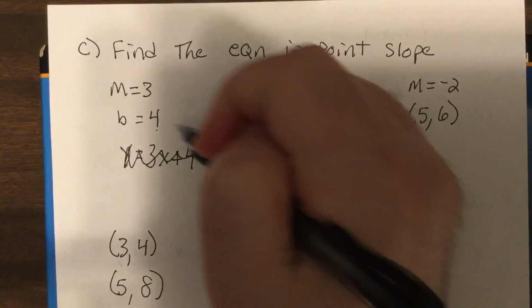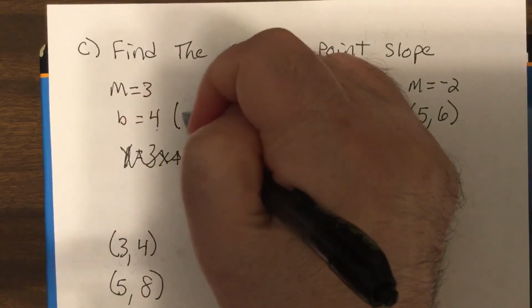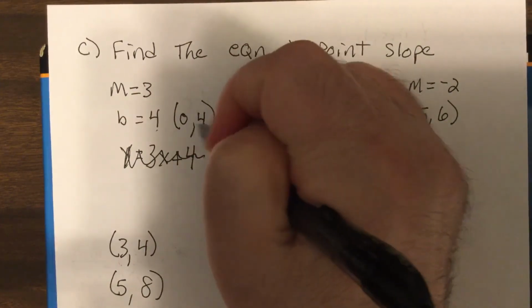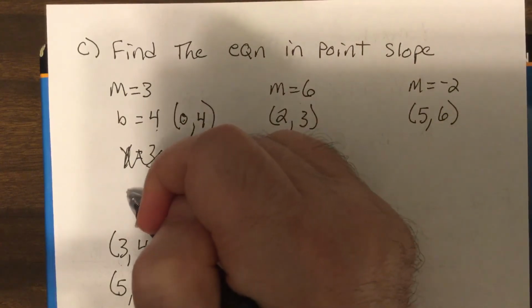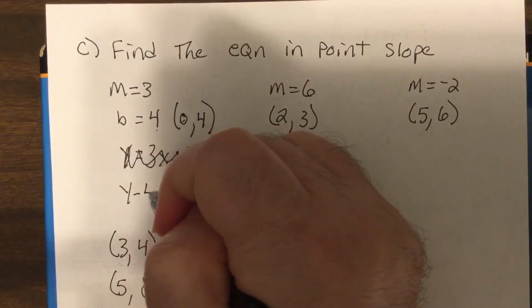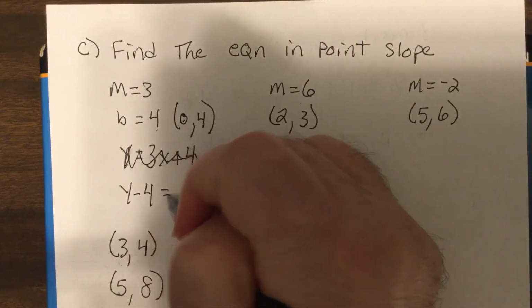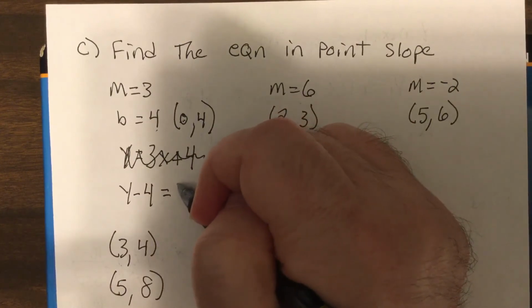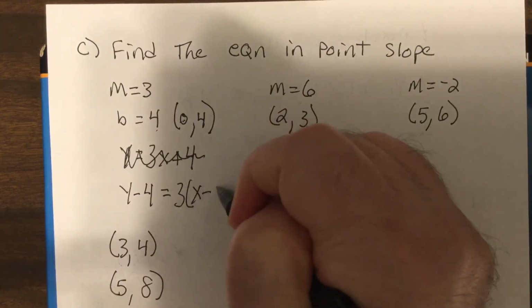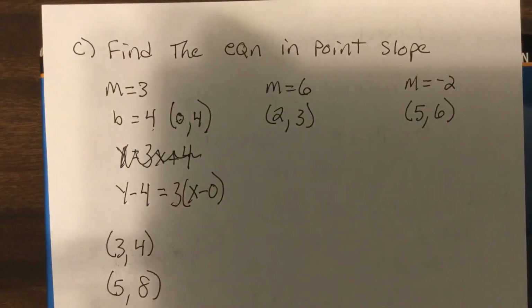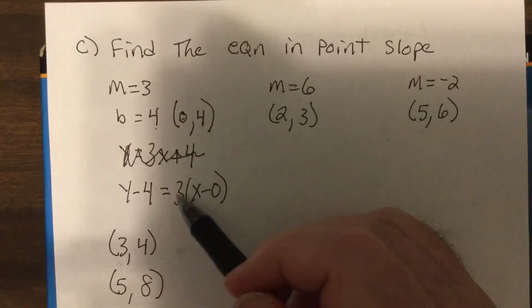I want to do this the easier way. Let's change this to the point 0, 4. That's y-intercept. X is 0. So you would go y minus 4 equals 3, x minus 0. So yeah, I changed my mind on that one. Sorry about that. Decided to make it a little easier.